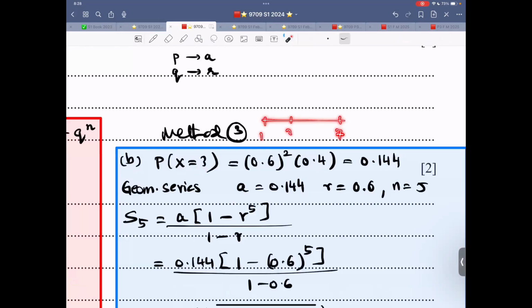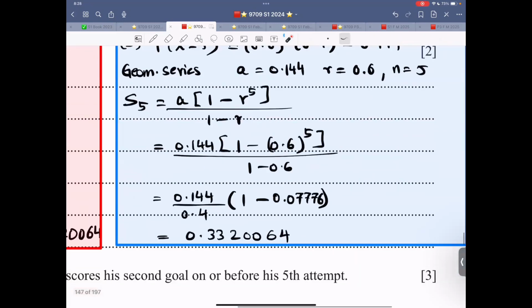They're asking from 3 till 7. So this term over here is your first term. The common ratio is the probability of failure. There are 5 terms. I use the sum formula. I get this answer. So this is way out of the box.